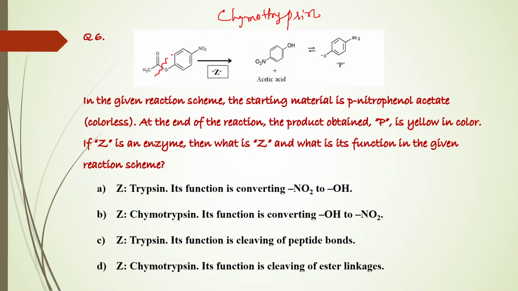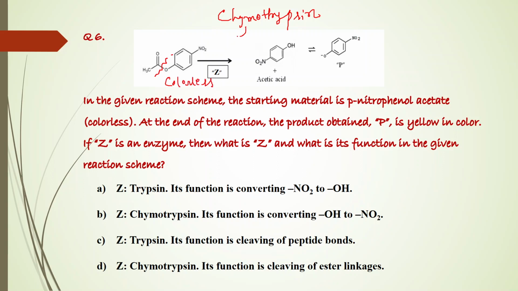So chymotrypsin can also function as an ester-cleaving molecule, and in this way we can also check the activity of chymotrypsin. This para-nitrophenyl acetate is a colorless molecule.